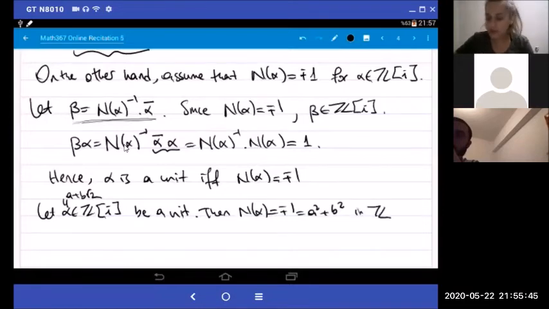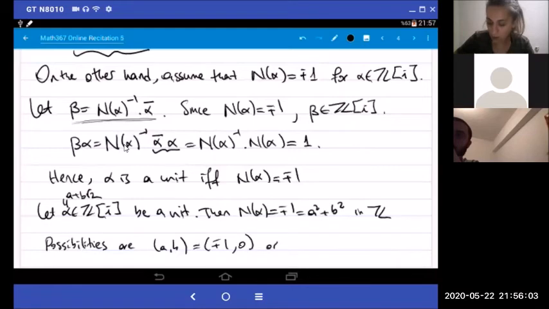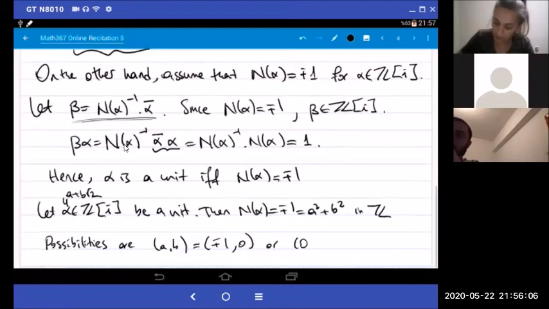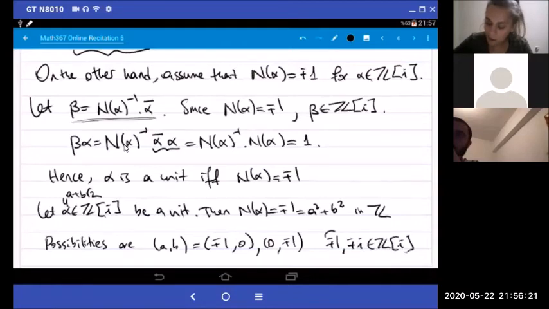And in integers, the possibilities for the coefficients a, b are plus or minus 1, 0, or 0, plus or minus 1. This means that in the ring the elements are plus or minus 1 or plus or minus i. These are all units.